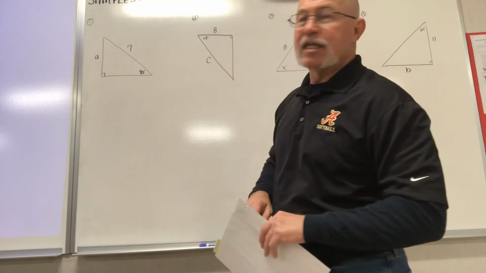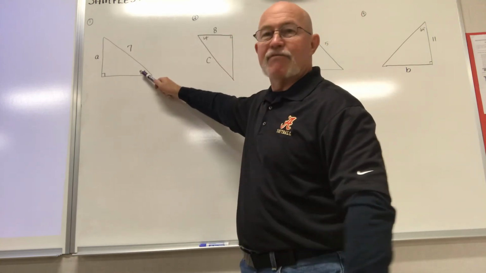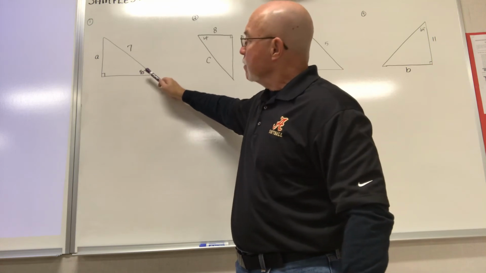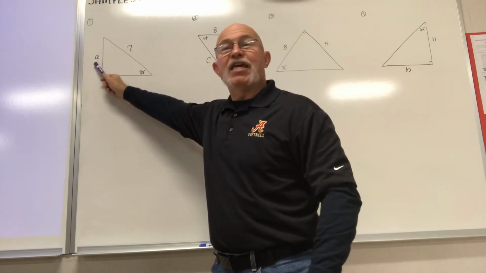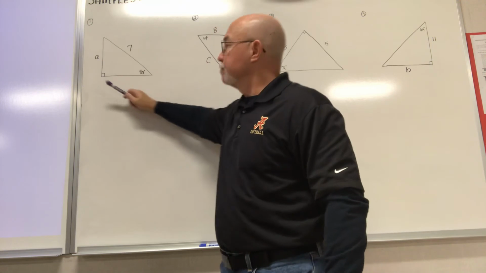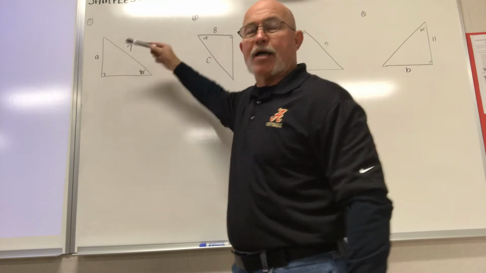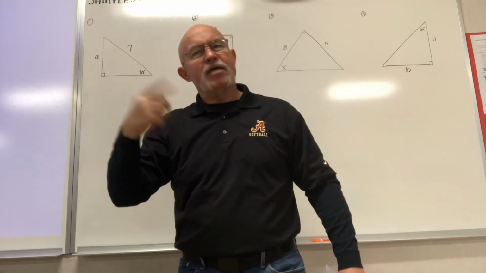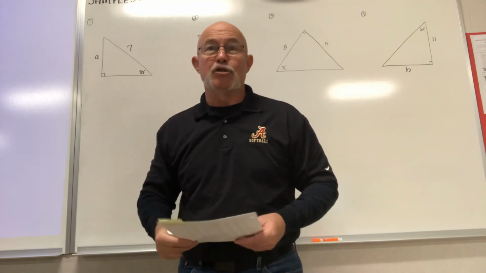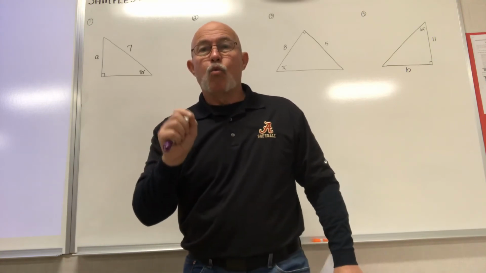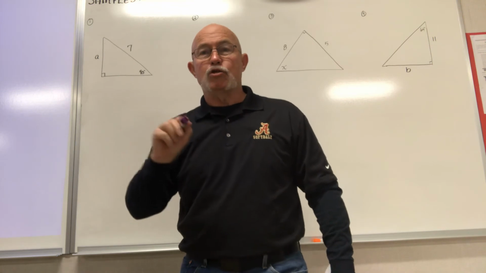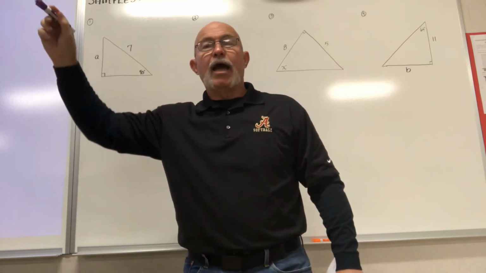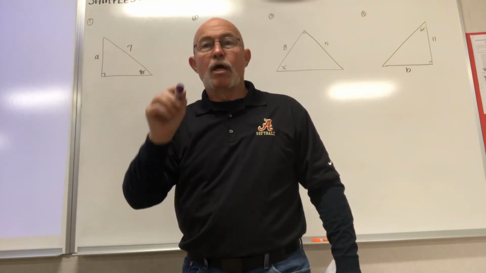Okay? If I look at this, the first thing I see is I've got an angle. I have the opposite leg, and I have the hypotenuse. Now you look real quick because you can look, it's still new to you. Which of the three ratios deals with the opposite leg and the hypotenuse?